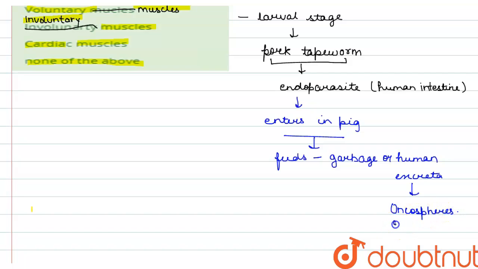Now these oncospheres are released in the intestine of pigs. Now the shell gets dissolved and the hexacanth larva is liberated.